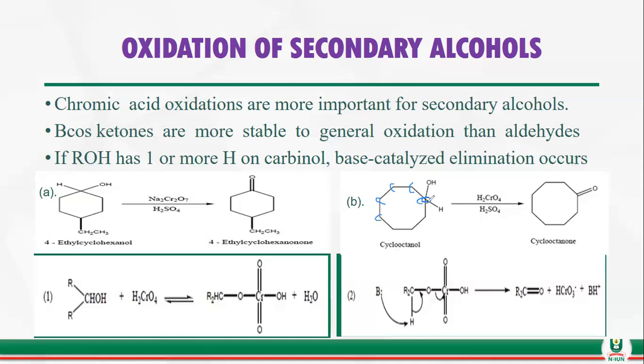So the carbon that carries the OH is the carbinol carbon. Look at this carbon: it is linked to a carbon here directly, and linked to a carbon here directly, but the third one is linked to the hydrogen and the fourth one to the OH. So this carbon is linked to two other carbons. What class of alcohol is that? Secondary alcohol.